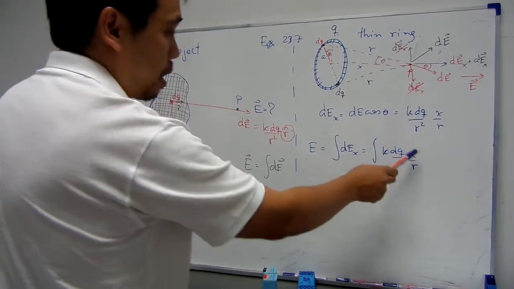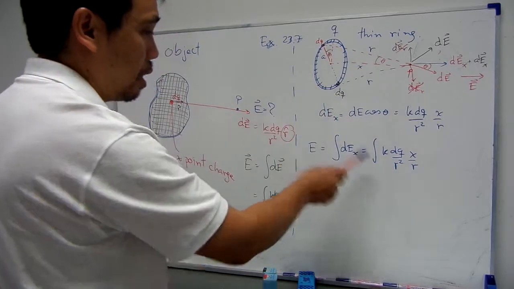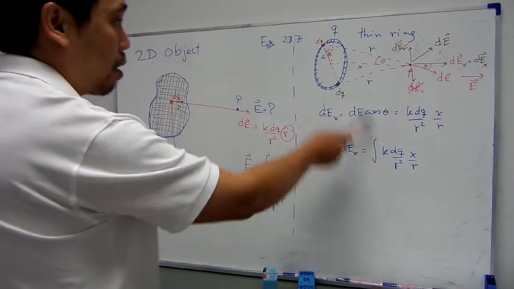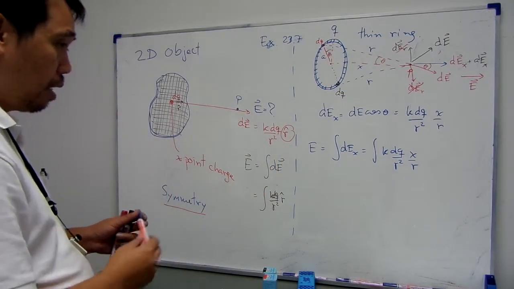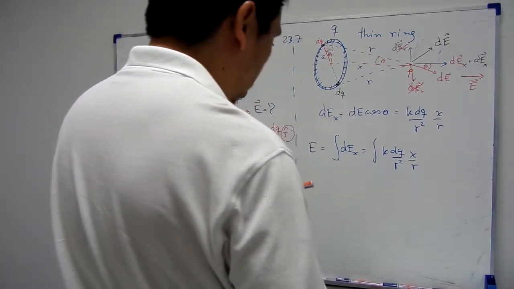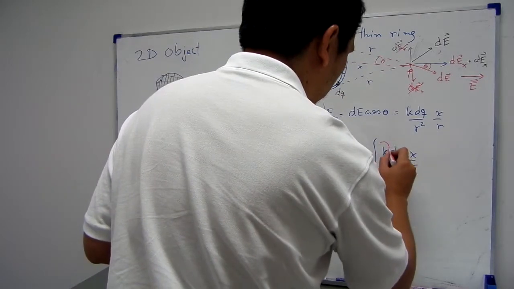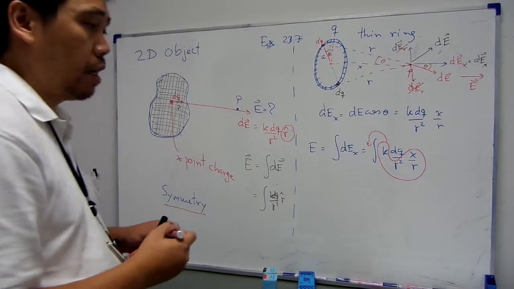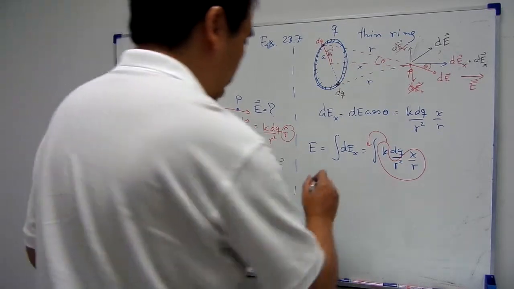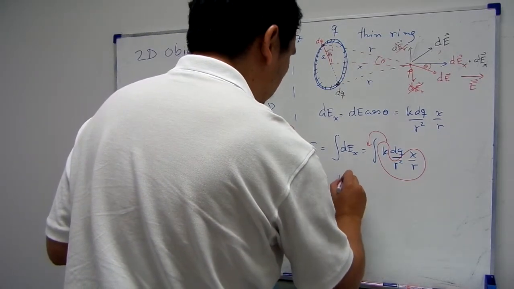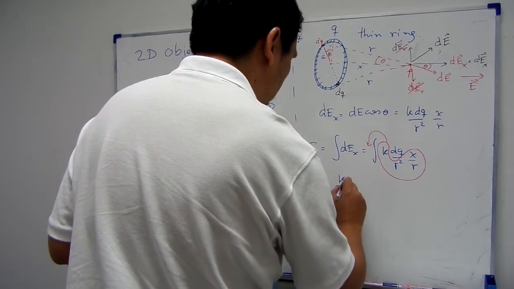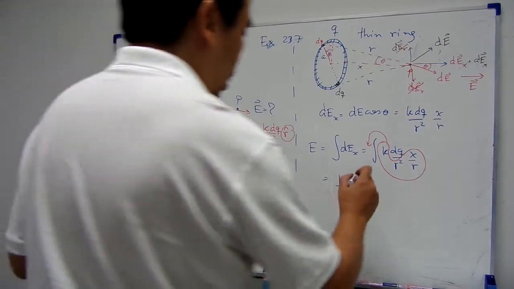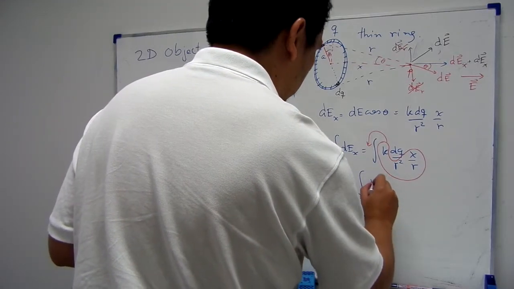So x and r are constants in this integration. k is an electric constant, r is a constant as I have explained. So all of these terms can be taken out of the integration. So we have k x over r cubed times the integration of dq.